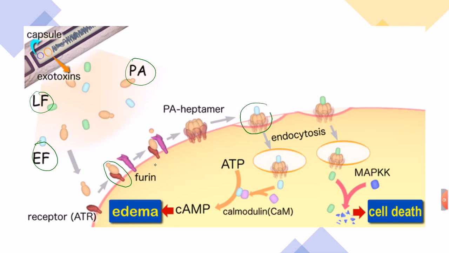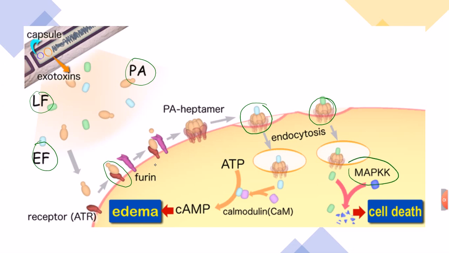You can see over here, they take on lethal factors and edema factor, and by the process of endocytosis they go inside, and the edema factor causes the ATP to convert into cyclic AMP. And in this case, they stop the signaling proteins known as the MAPKKs.